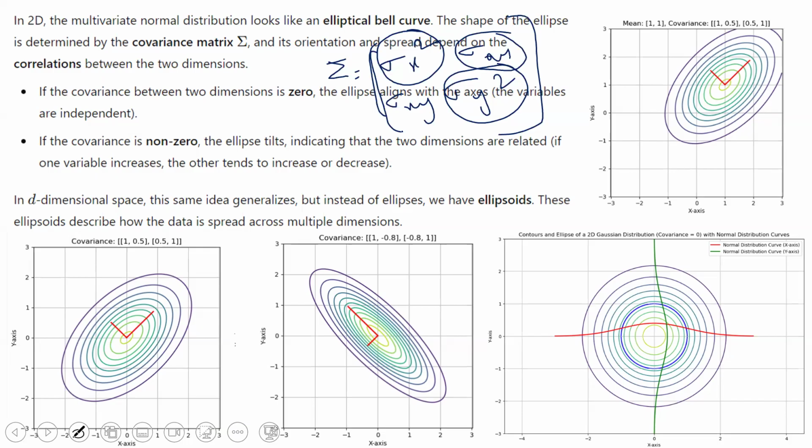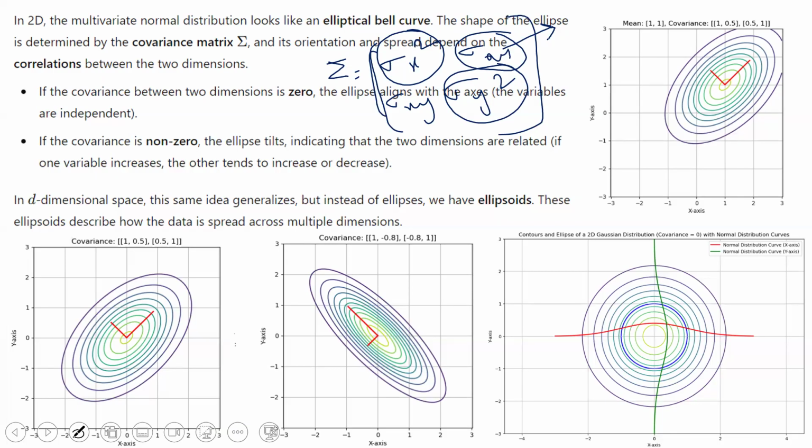Okay, so now, if this is positive, what does this say? If the values on x increase, values on y also increase. Just take these examples now. Look at this diagram and understand the interpretation of this.